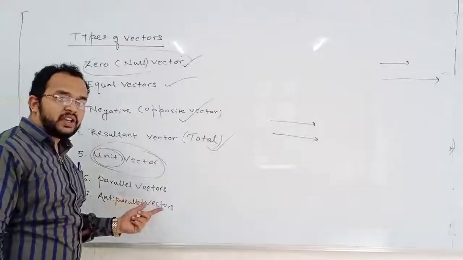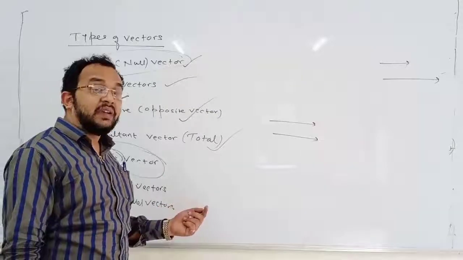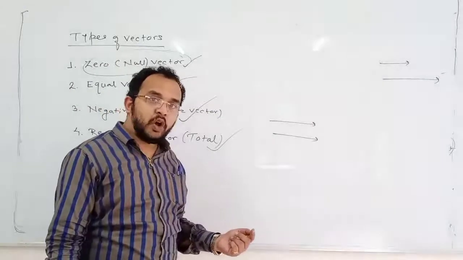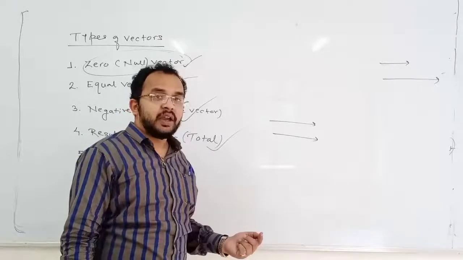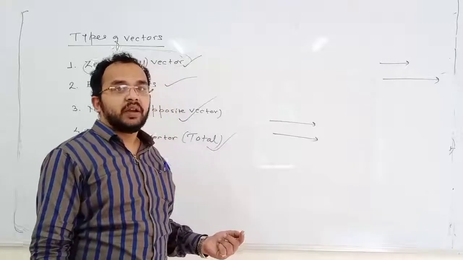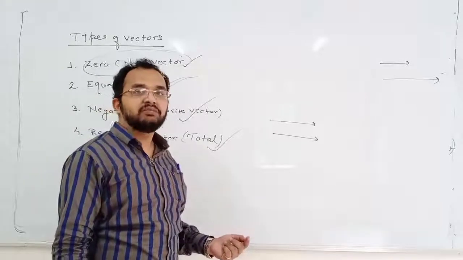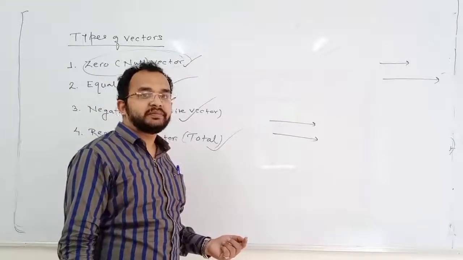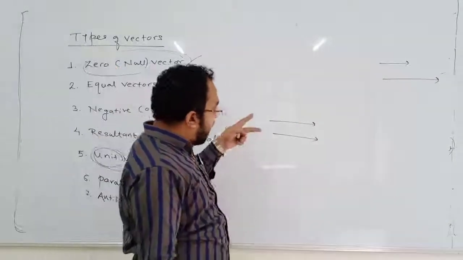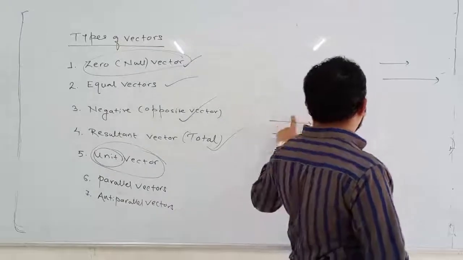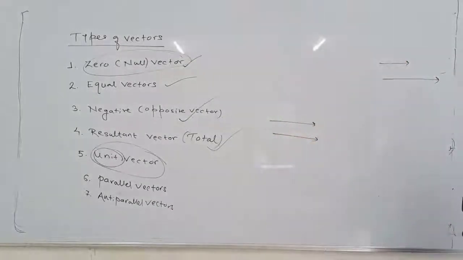Every Maharashtrian must be an Indian, but every Indian may not be a Maharashtrian. It may be a Bihari, a Bengali, a Punjabi. So each and every equal vector is a parallel vector, but each and every parallel vector is not an equal vector.